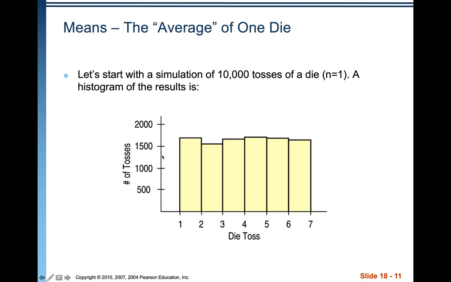So the histogram looks like this. It's going to be basically a uniform distribution. The value is going to be determined by what's on the left endpoint. So here's the number of 1s, here's the number of 2s, 3s, 4s, 5s, and 6s.